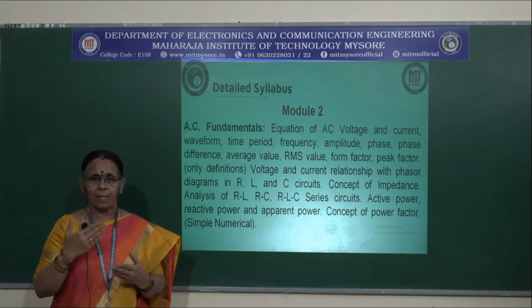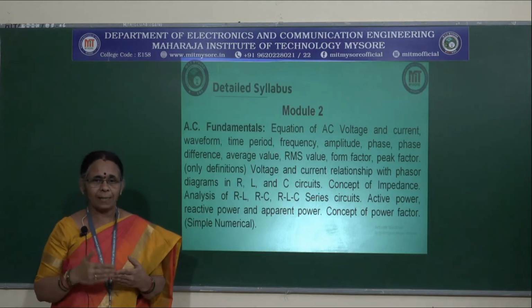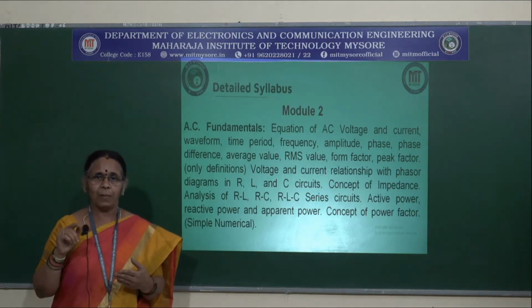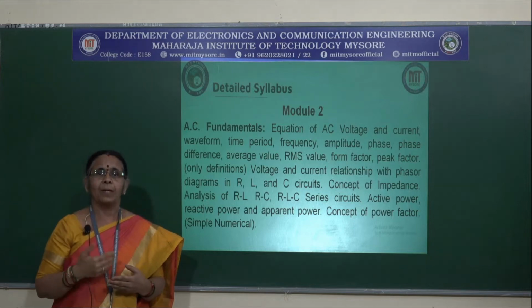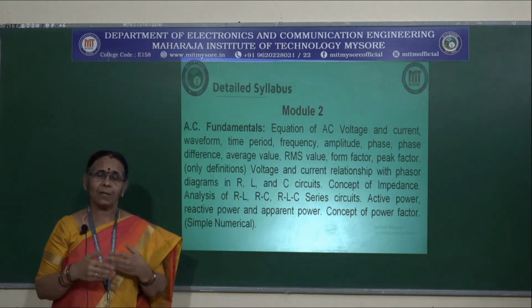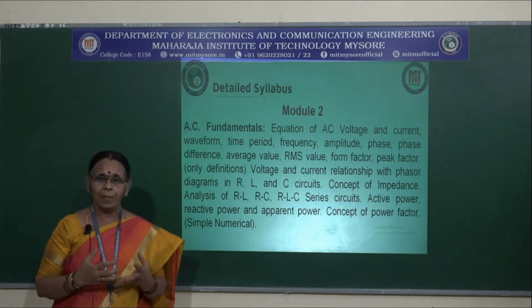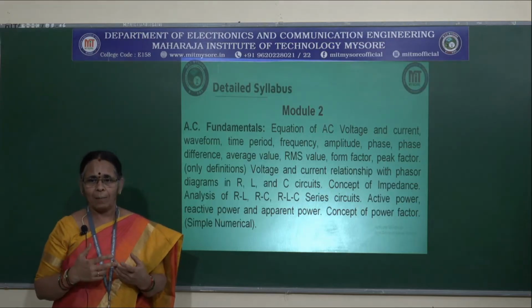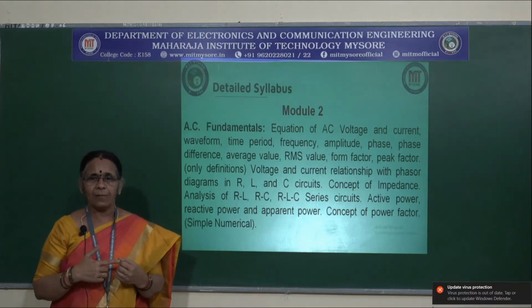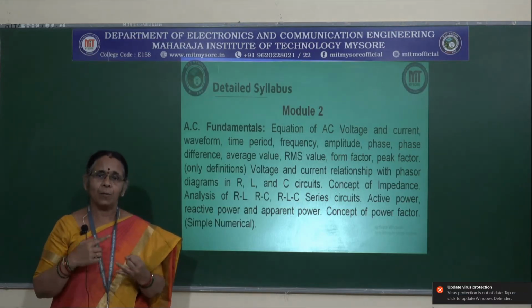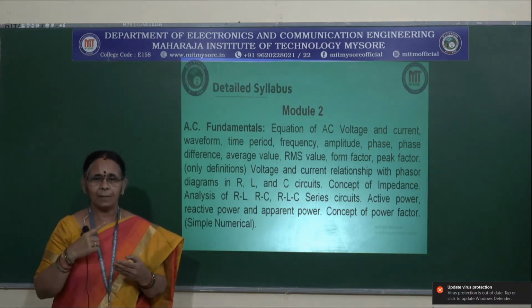That is, the equation for AC voltage and current, and the waveform, which is a sinusoidal waveform. You are also going to define time period, frequency, amplitude, phase difference, average value, RMS value, form factor and peak factor.